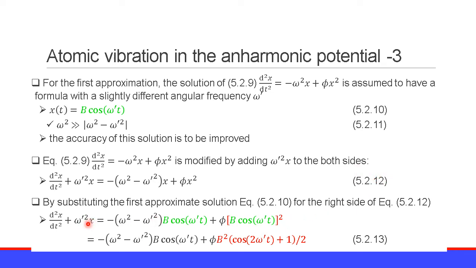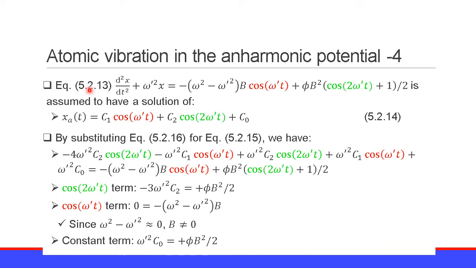Then we have the second derivative of the displacement x plus omega prime squared x equal to minus omega squared minus omega prime squared b cosine omega prime t plus phi times b cosine omega prime t squared. Then this b cosine omega prime t squared is modified into cosine 2 omega prime t plus 1 over 2. Then we have equation 5-13.